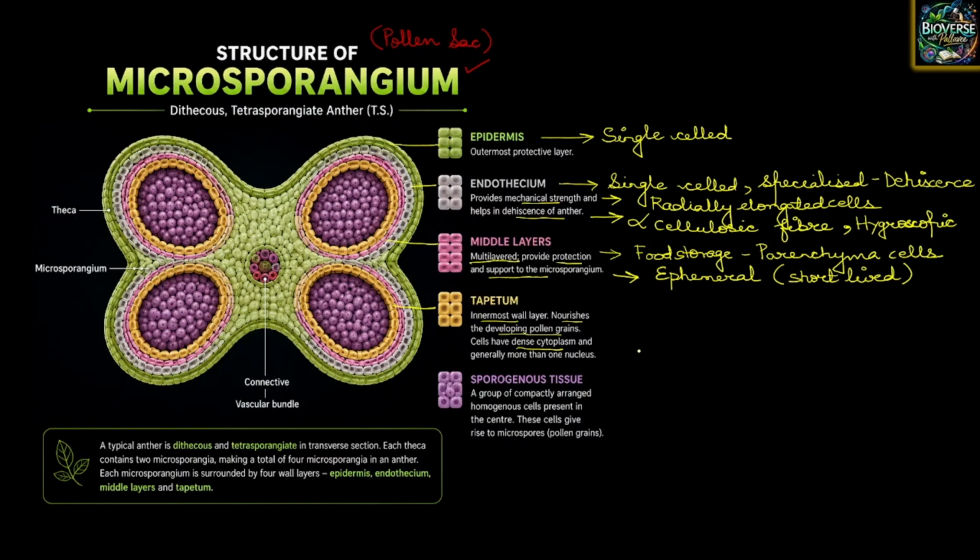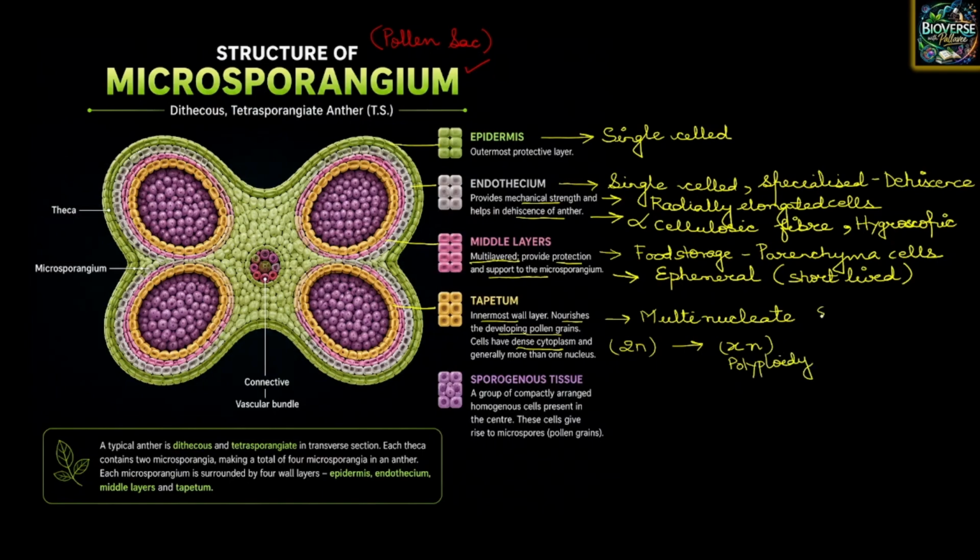So after having a lot of nutrition within the cytoplasm, this layer is also going to be multinucleate. When the tapetum layer was initially formed, it was diploid, but later on the ploidy has changed into polyploidy. Polyploidy means here a lot of nuclei are going to be present.